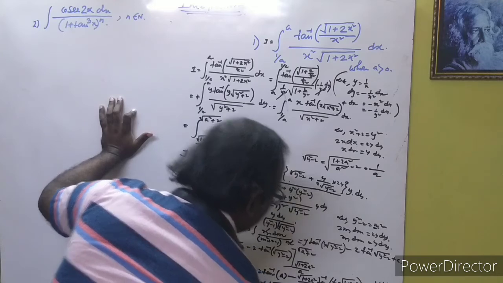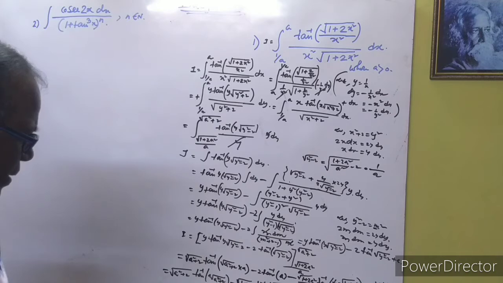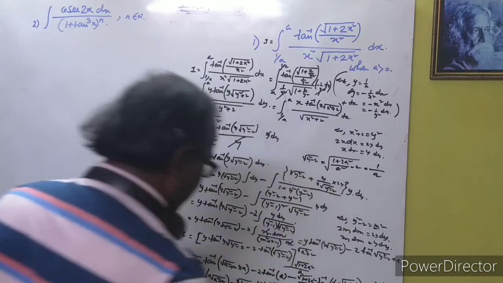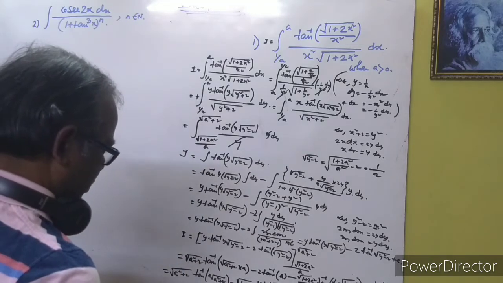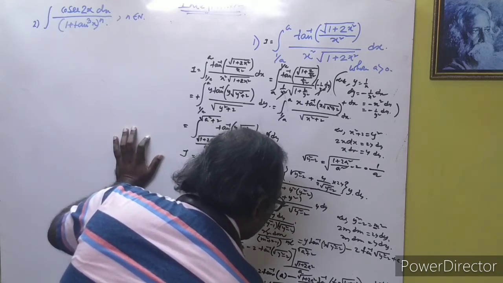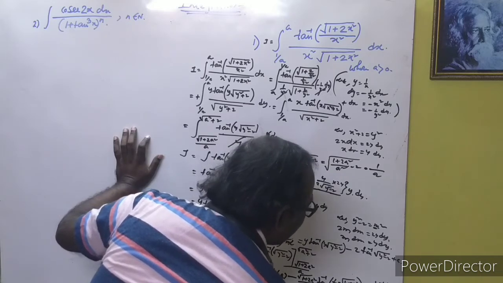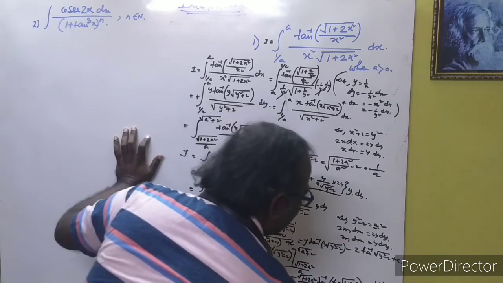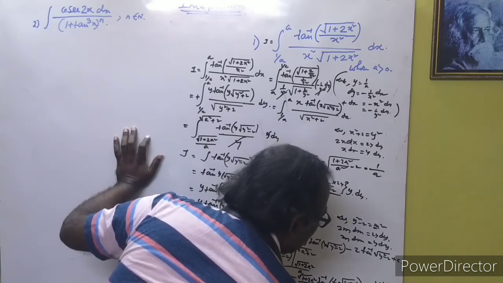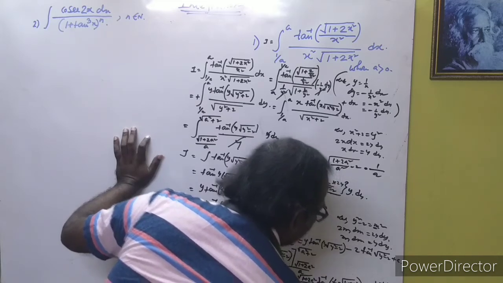Okay, there is a mistake, so 2 into tan inverse a minus cot inverse a, so that is pi by 2 plus tan inverse a.